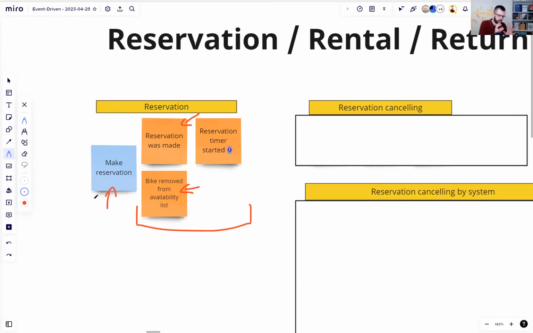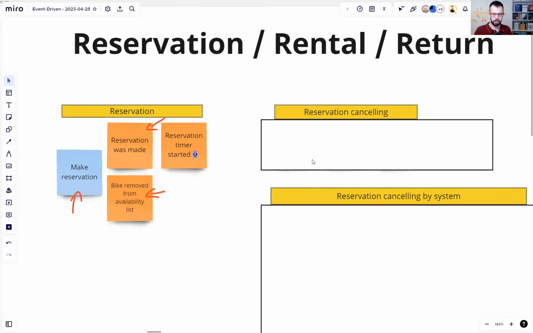So this is a small distinction. The reservation was made, so something was created in our system, somebody wrote down that we have a reservation for this guy, but also we need to cross out the bike from the availability to cover the situation when somebody else is also reserving this bike. Okay, let's have it.